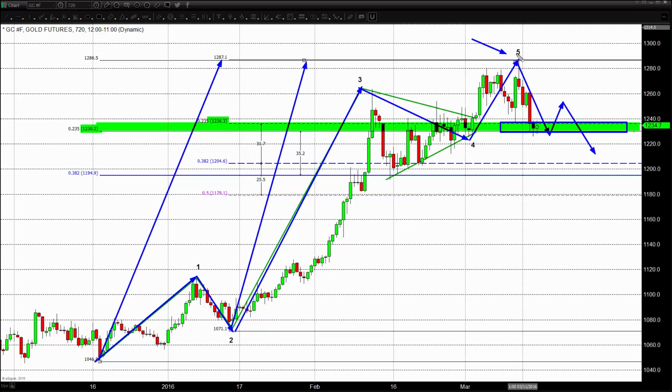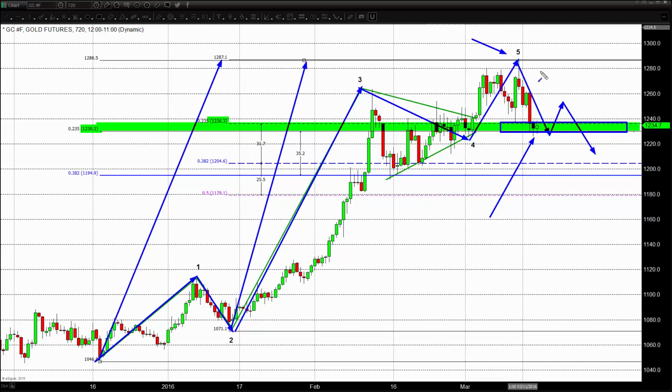We have had the real bodies over these last couple of days definitely fall within this particular area. So it is possible, especially if the announcement tomorrow comes out in which they are not going to raise interest rates, which I believe would absolutely be supportive of gold, that we could see some potential support here and get a rise.